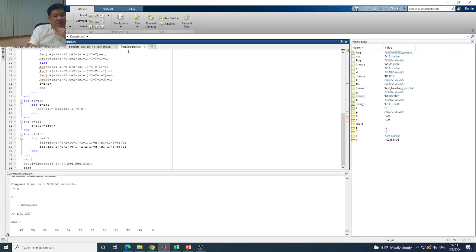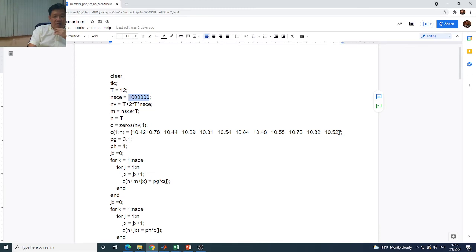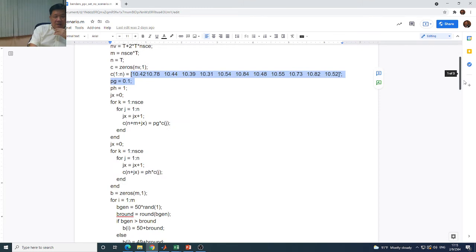So what we can do here is revise the Bender PPC to this program. To this program you can import all the C, just make a copy from the Excel file, and also here we can generate the amount of PG and pH.